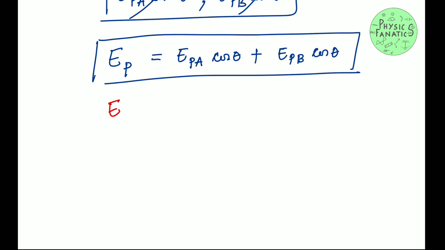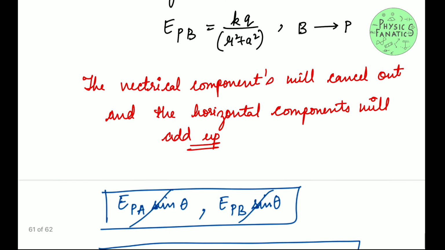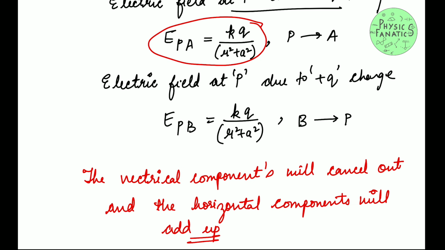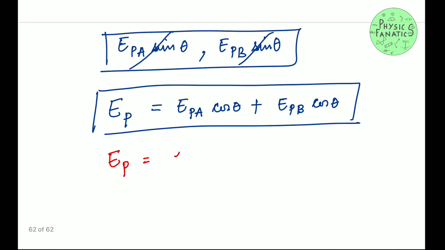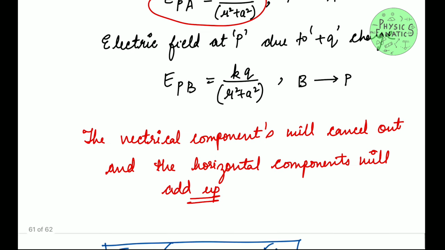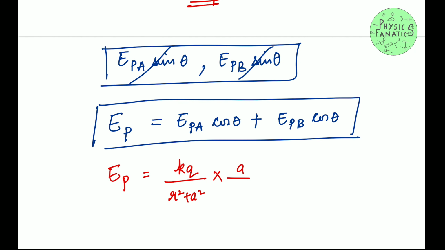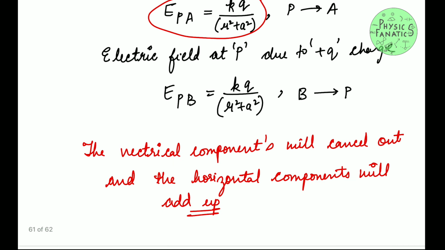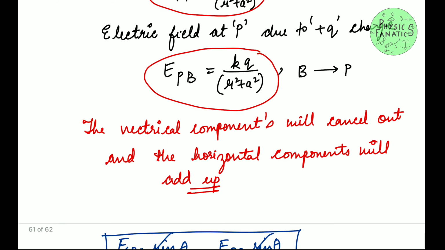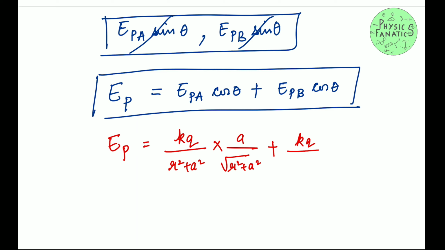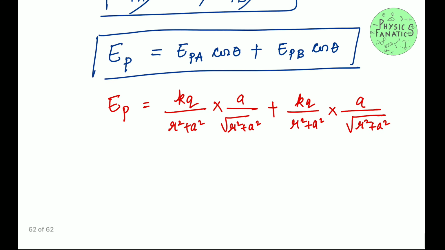So here I can write E_P equals E_PA, which we already know: the value of E_PA is KQ upon R square plus A square, times cos theta, which we just found out: A upon root of R square plus A square, plus E_PB, whose value is also KQ upon R square plus A square, times cos theta, that is A upon root of R square plus A square. All we have to do is solve this.